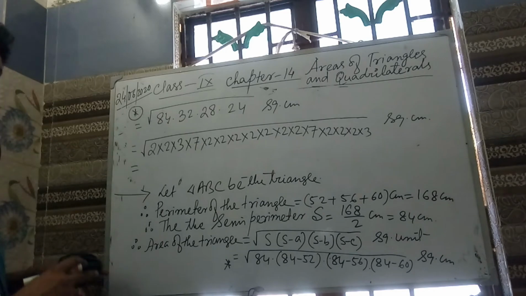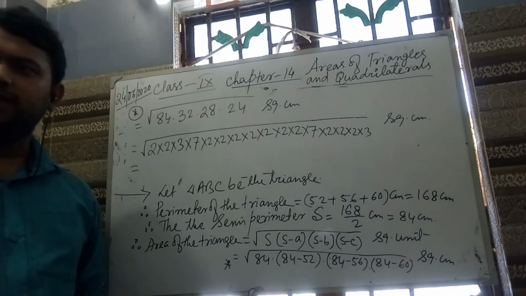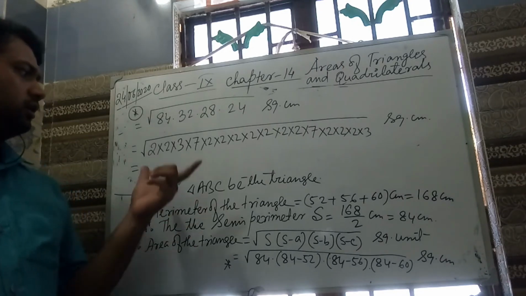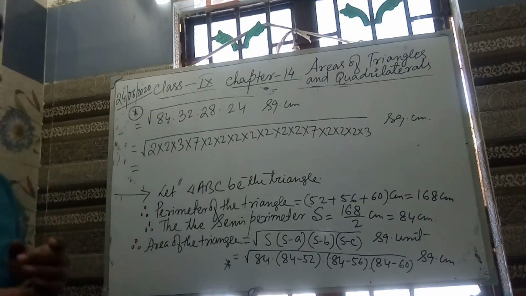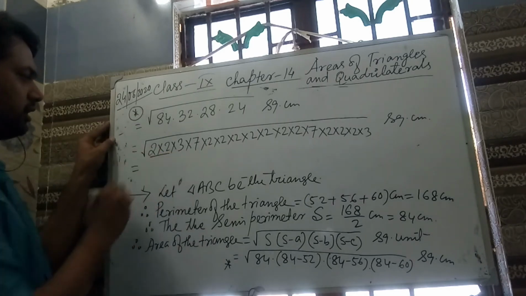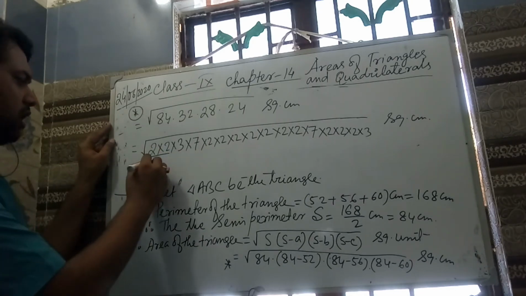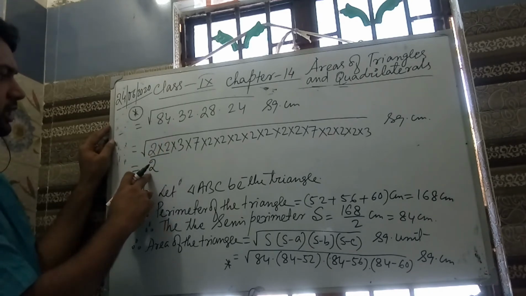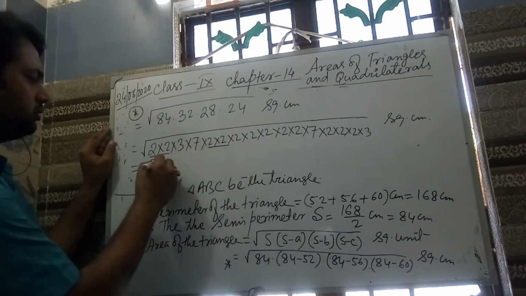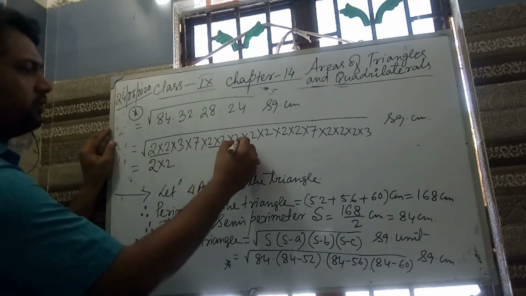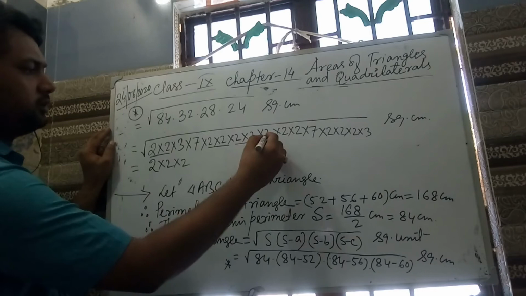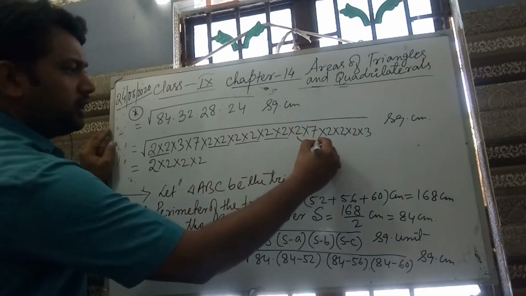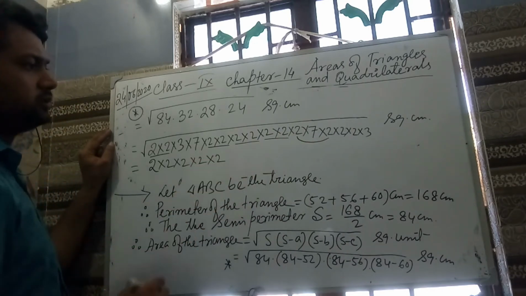Now you have already done in class 8 how to find out square root using the prime factorization method. For two same numbers inside the square root sign, one will be outside the square root sign. So for these two, one will be outside. For these two, another one. For this one and this one, we will get a 2.